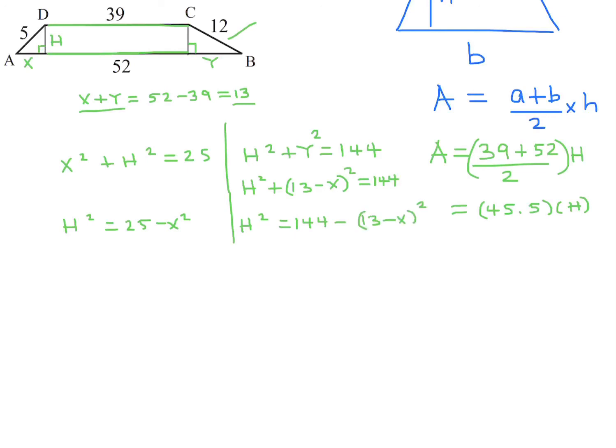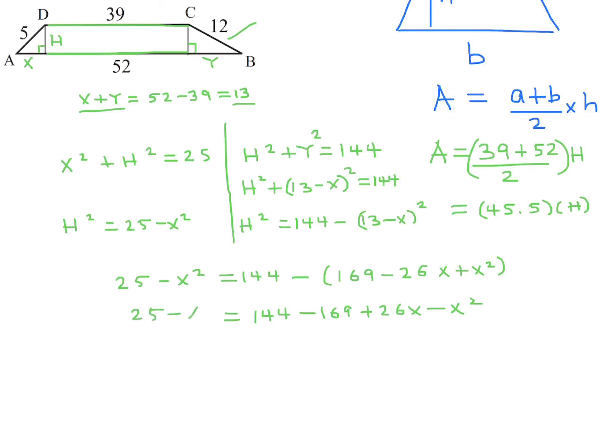And therefore, since these two are the same, we can set them equal to each other, like this. 144 minus, let's solve this out, 169 minus 26x plus x squared, and then this becomes 144 minus 169 plus 26x minus x squared, like that.